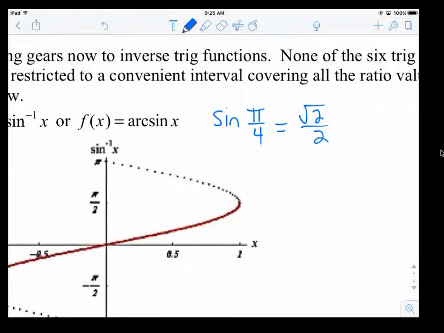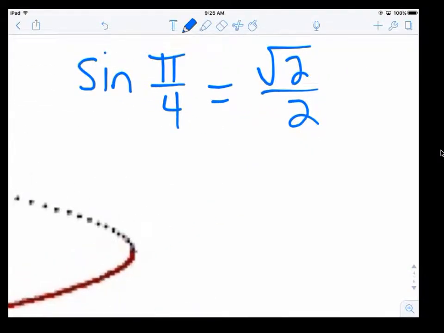So you're taking the sine of an angle and you're getting a ratio based off of what it is on the unit circle. Inverse trig is just the opposite of that. So if you're taking the sine of an angle and you're getting a ratio, when you do inverse trig, you're taking a ratio and trying to come up with the angle.